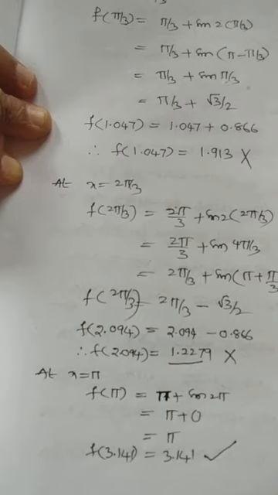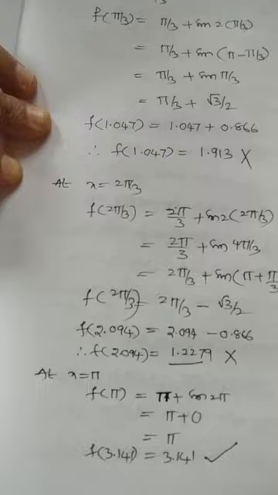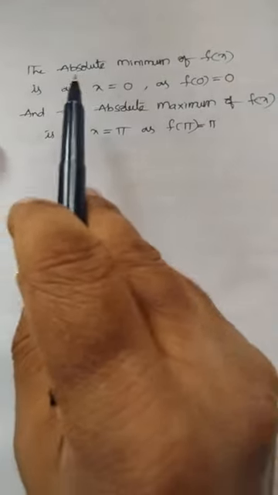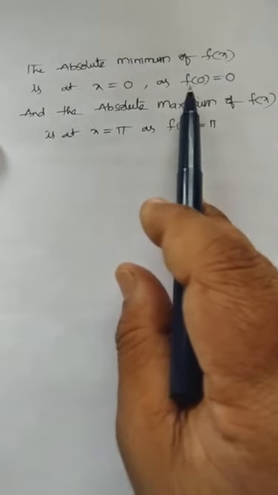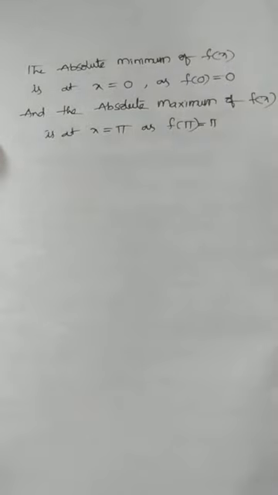So what is the conclusion we are giving here? The absolute minimum exists at x equals 0 for the given function, and the absolute maximum exists at x equals pi. The absolute minimum of f of x is at x equals 0, as f of 0 is equal to 0.